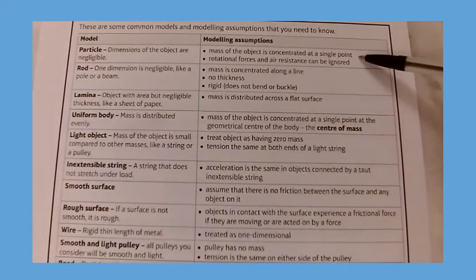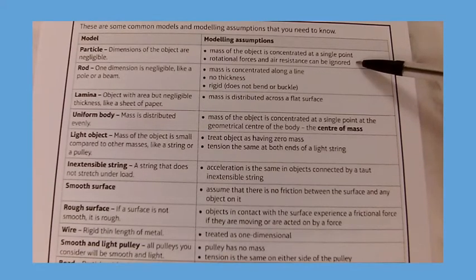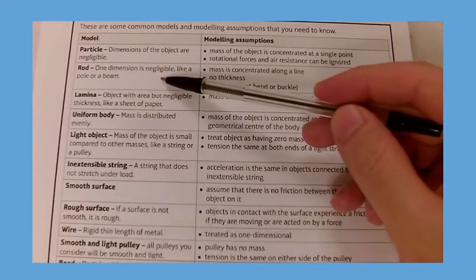But most importantly, why do we use a particle to model in a certain situation? Because we assume that the mass of the object is concentrated at a single point, and we don't care about rotational forces or air resistance. The next type of model that you'll definitely see is one which involves a rod.